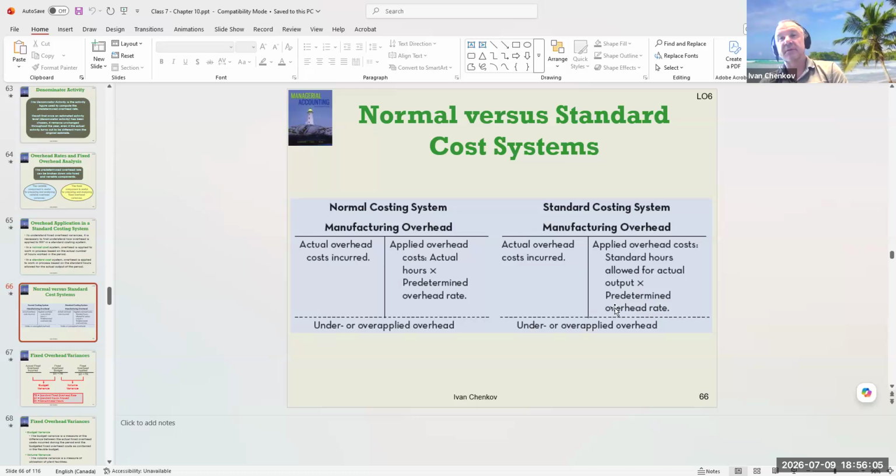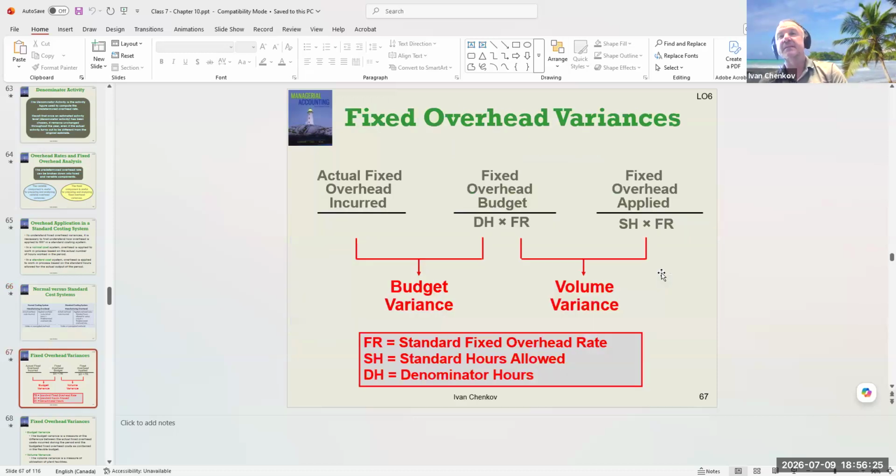Predetermined overhead is going to be the same, but how we apply that cost will be a little bit different. We're not going to use the actual hours. We're going to use the actual output times the standard hours which are allowed to achieve that actual output. And that's how we're going to have the variances.